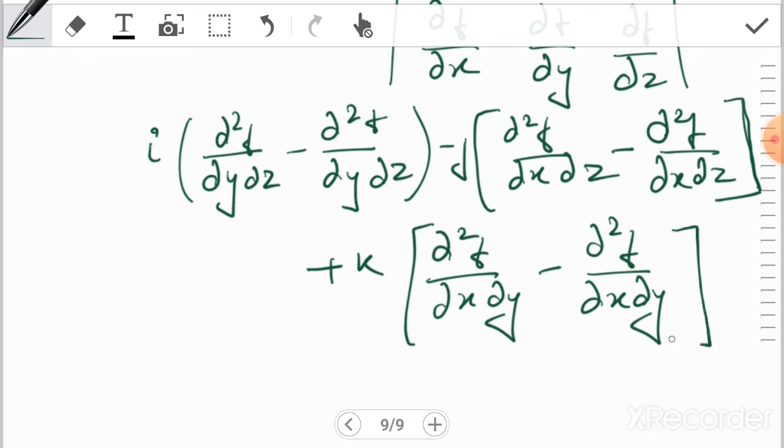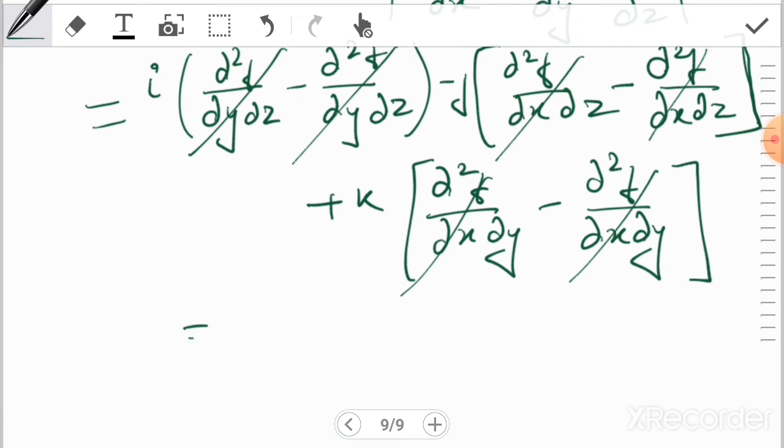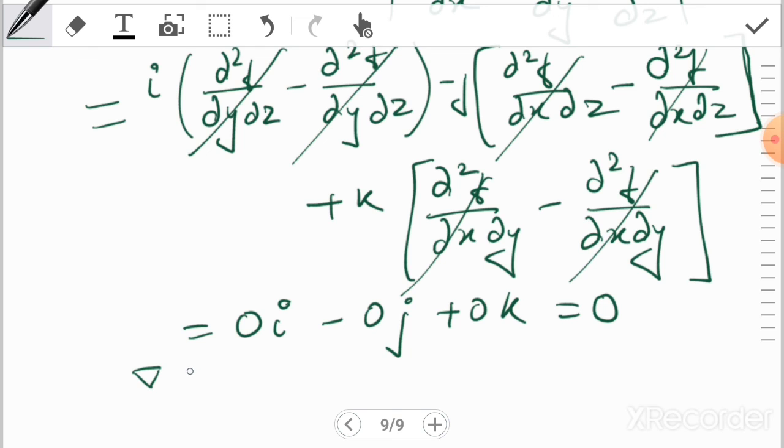See, this expression reduces to 0i minus 0j plus 0k, which is 0. So curl of gradient f is 0, or del cross del f is equal to 0.